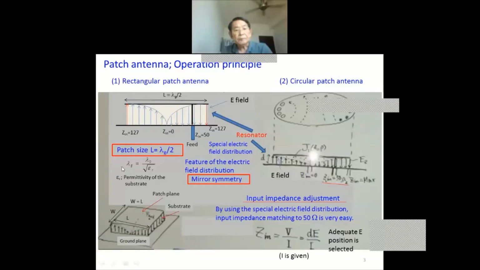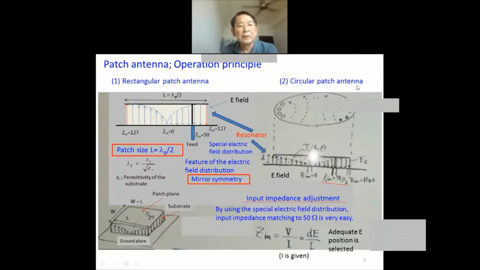So like this, the fundamental mode becomes like this. This distribution is called mirror symmetry. Around this center point, the left side and right side are mirror symmetric. So this is the fundamental understanding of the patch antenna.